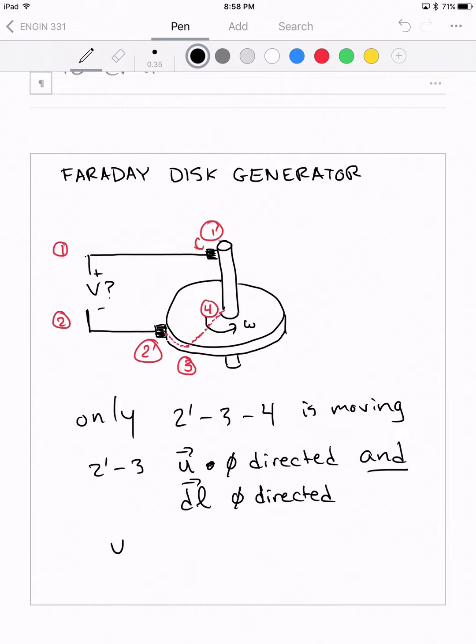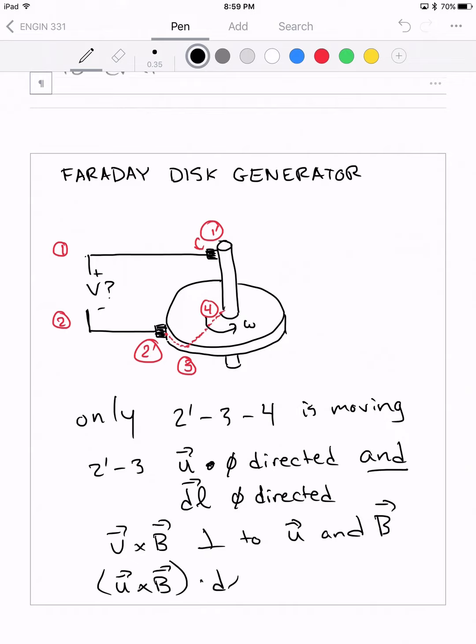So since U cross B is perpendicular to both U and B, U cross B is also perpendicular to dl, and U cross B dot dl is going to be 0 for the portion that's between 2 prime and 3.